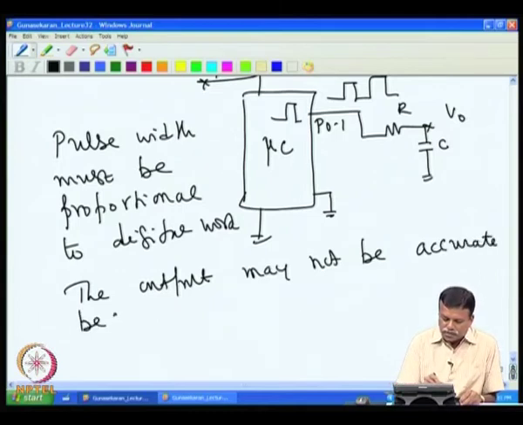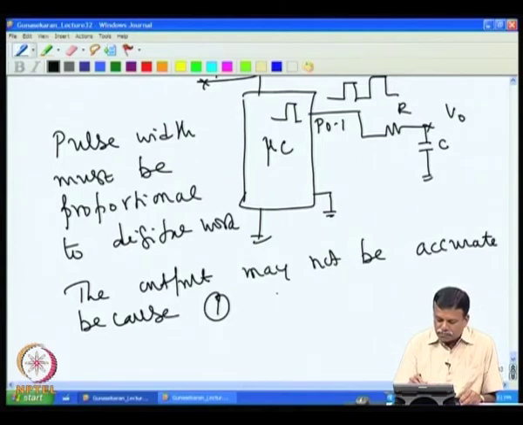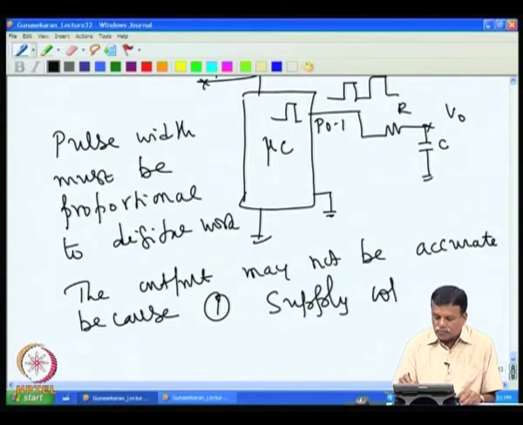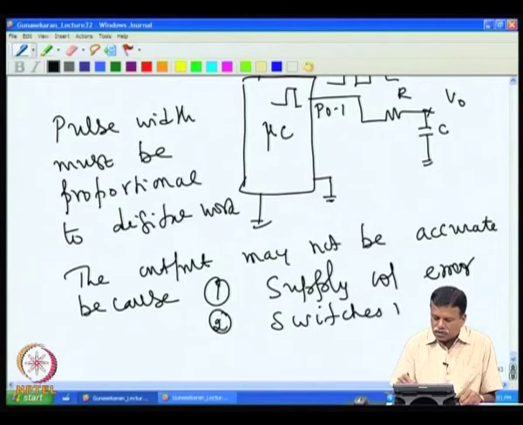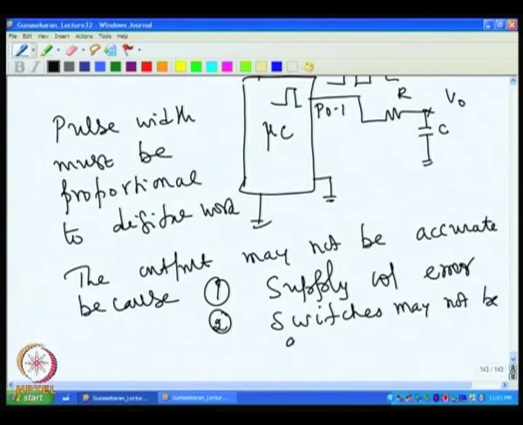because of the supply voltage, as the supply voltage may not be exactly 5 volt, and the second problem is that switches may not be accurate.